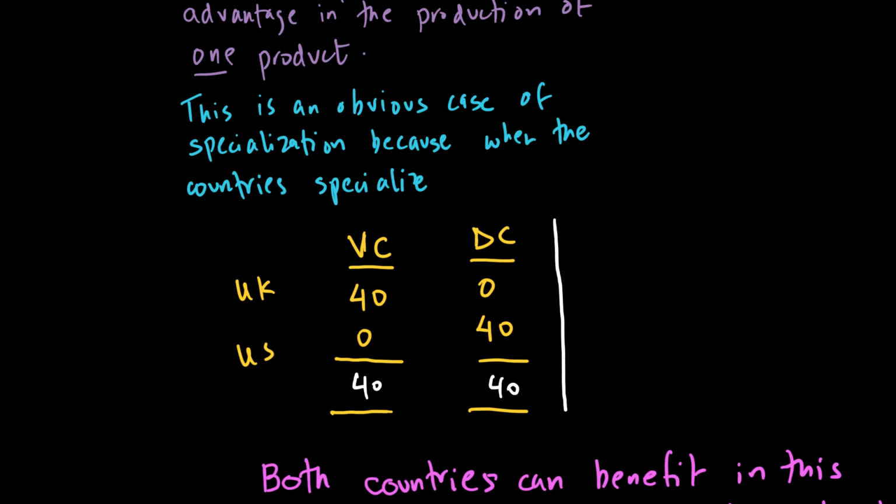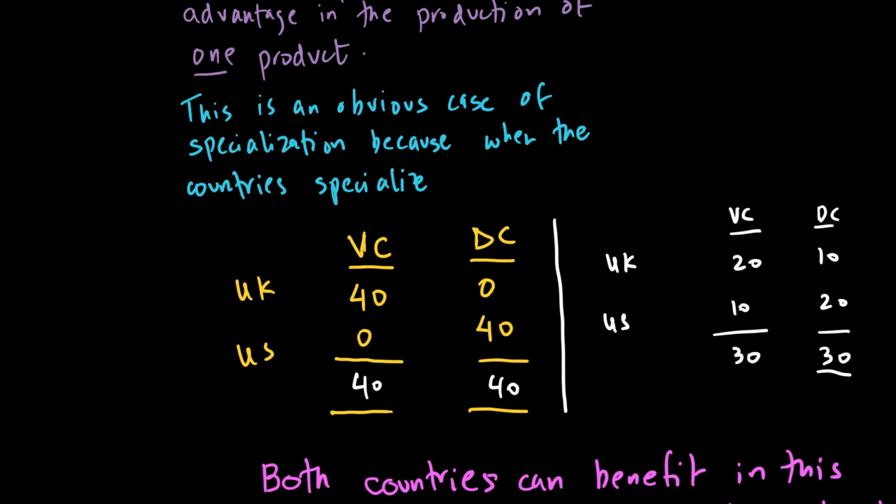But before specialization, when we looked at vacuum cleaners and digital cameras, I'm just going to show you the values here. The UK was making 20 and 10 and the US was making 10 and 20, which means the overall output was 30. Now we haven't done the trade, but you can look at this.